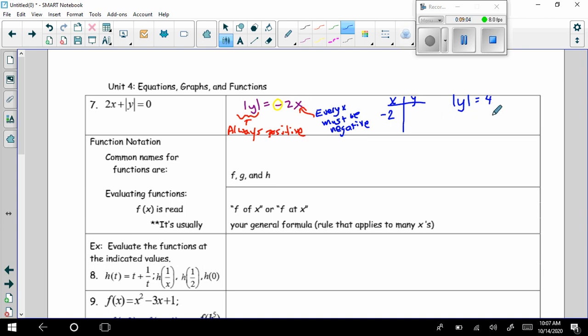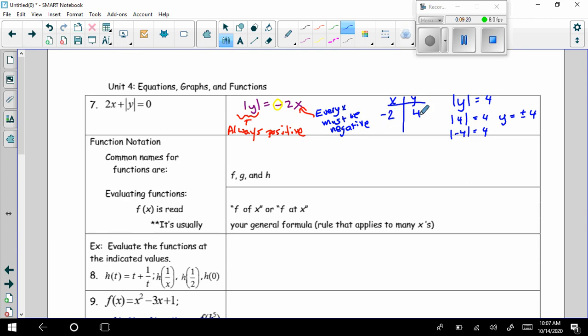Well, there are two numbers, right? The absolute value of 4 is 4, but the absolute value of -4 is also 4. So y could be plus or minus 4.